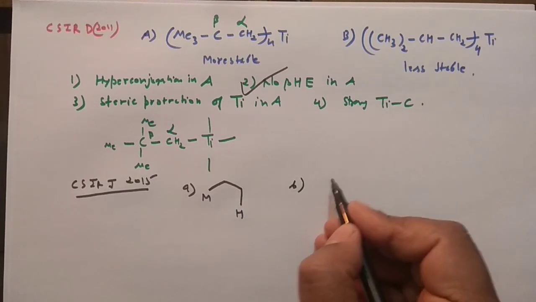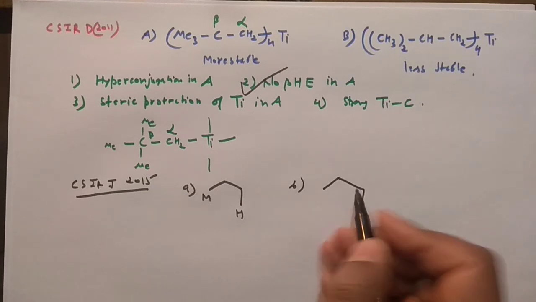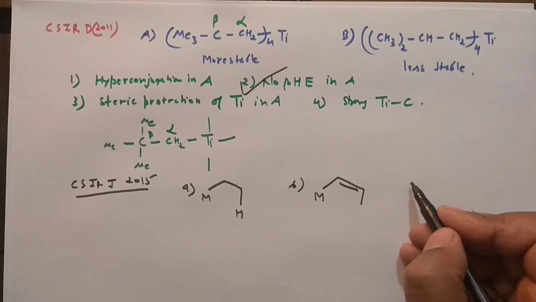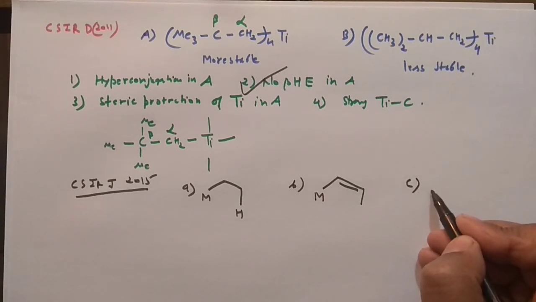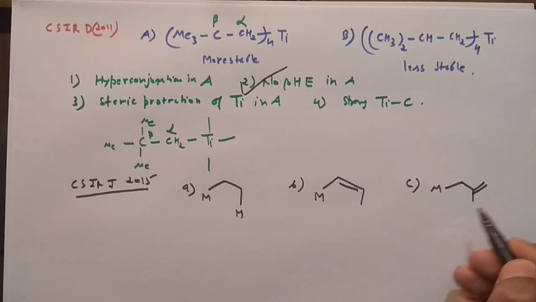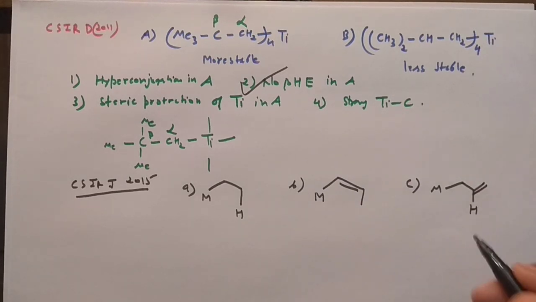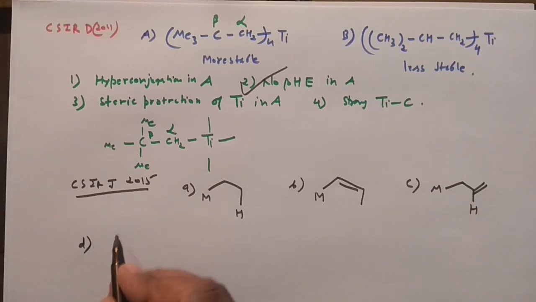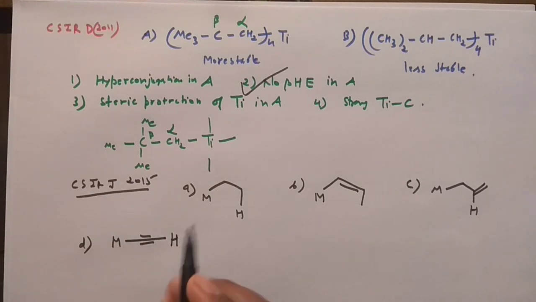Then they have given you complex B, with the metal, and then complex C, the metal just like that, with the hydrogen, and complex D, M, H, right? And they ask the question: in which of the species would the beta hydride elimination reaction occur, right?